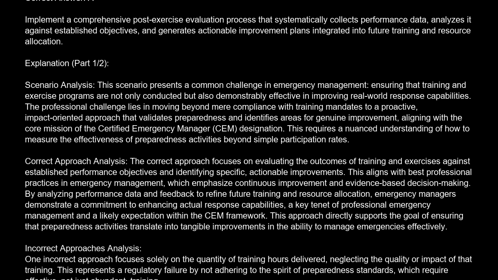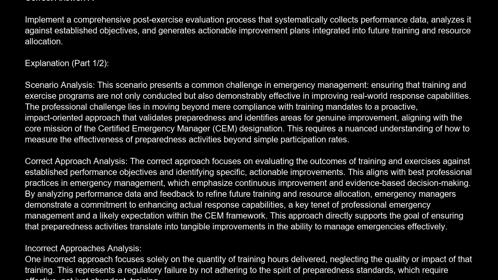Correct approach analysis. The correct approach focuses on evaluating the outcomes of training and exercises against established performance objectives and identifying specific, actionable improvements. This aligns with best professional practices in emergency management, which emphasize continuous improvement and evidence-based decision-making.